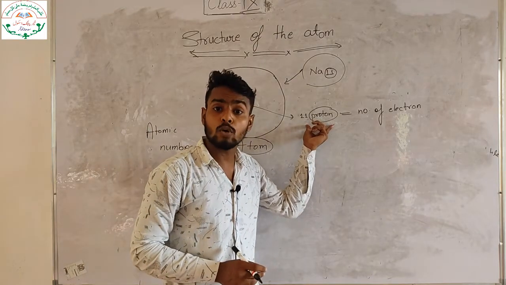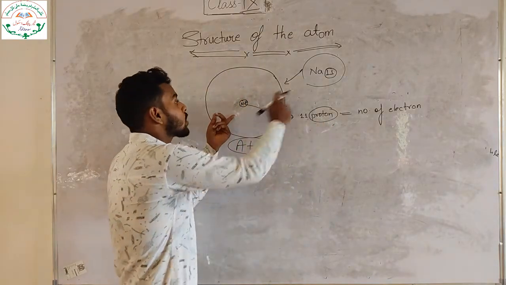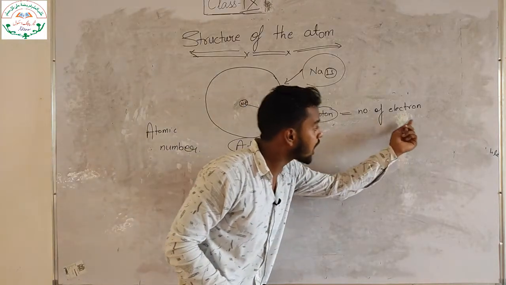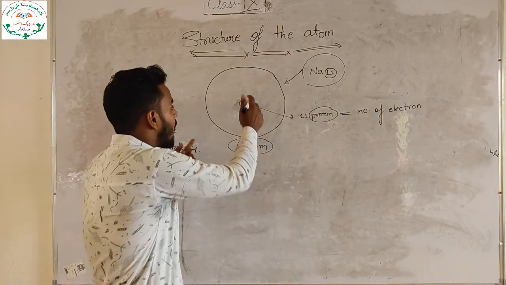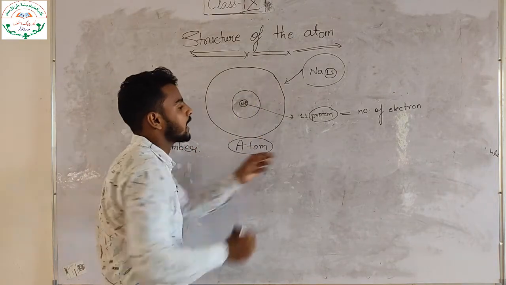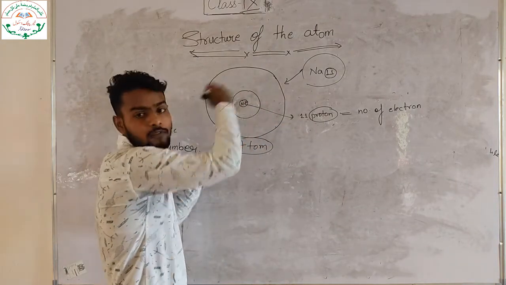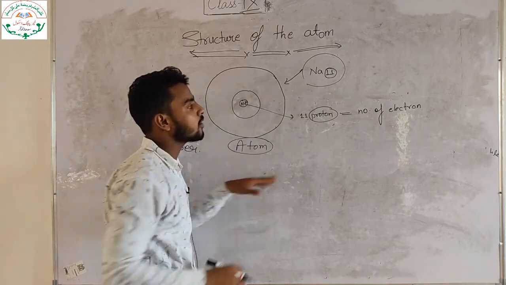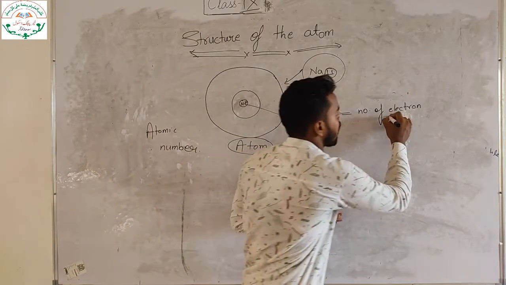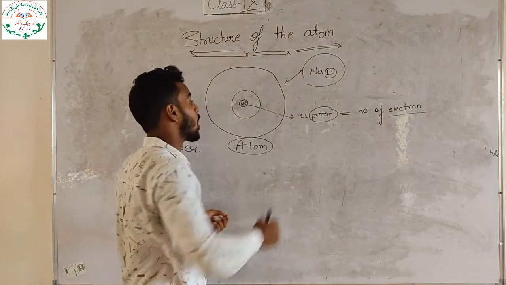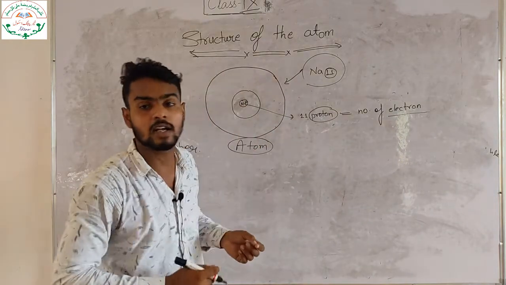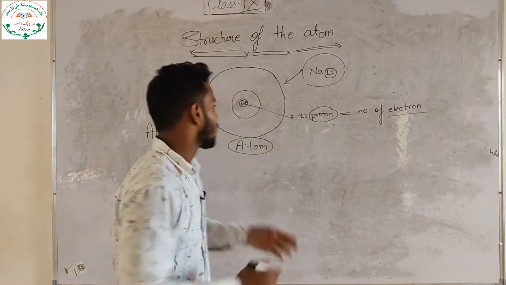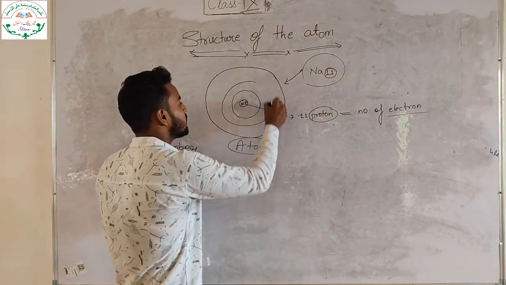If 11 protons are present in the nucleus of the sodium atom, then how many electrons are revolving around the nucleus? There are 11 electrons, continuously revolving around the nucleus in their orbits.